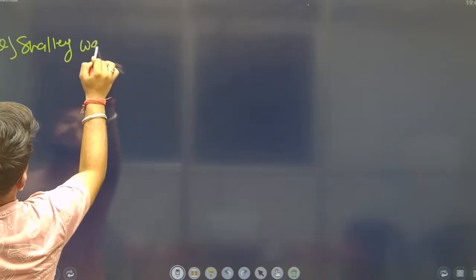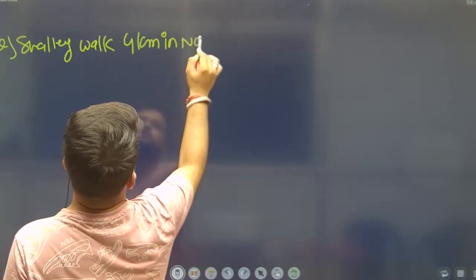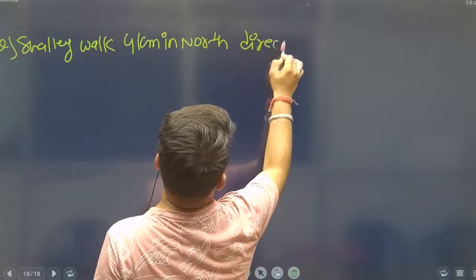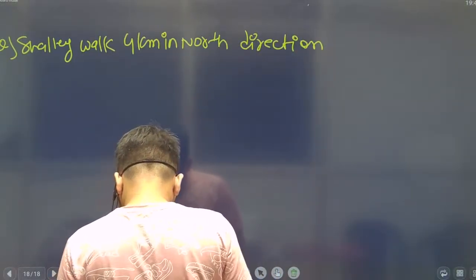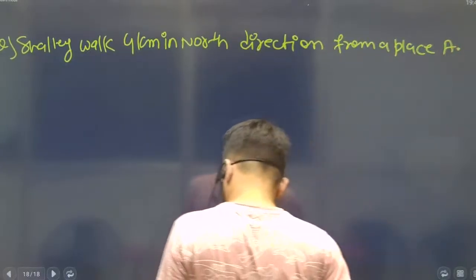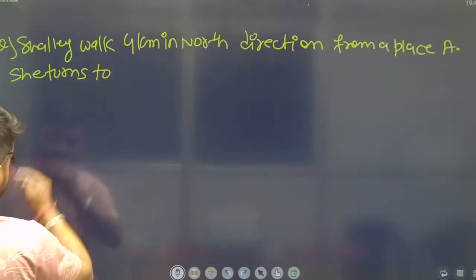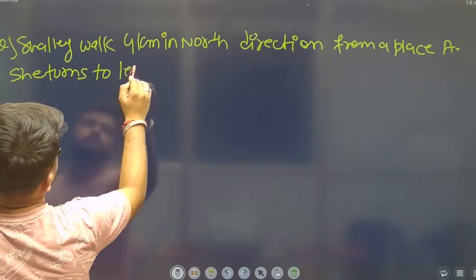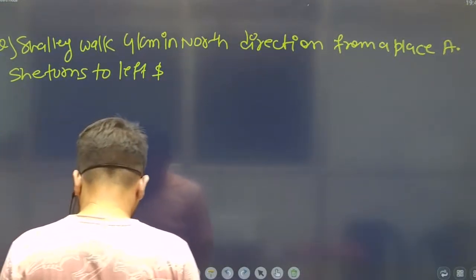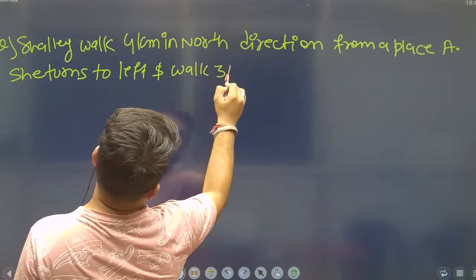Shelly walks 4 kilometers in north direction from a place A. She turns to left and walks 3 kilometers.